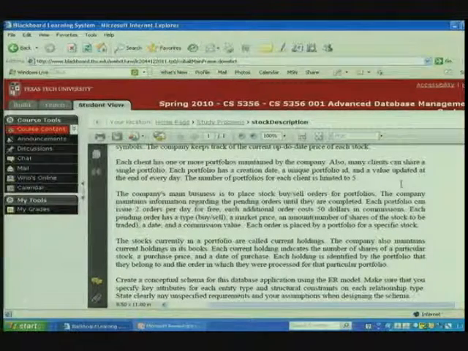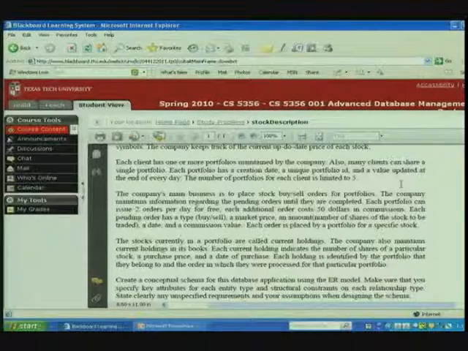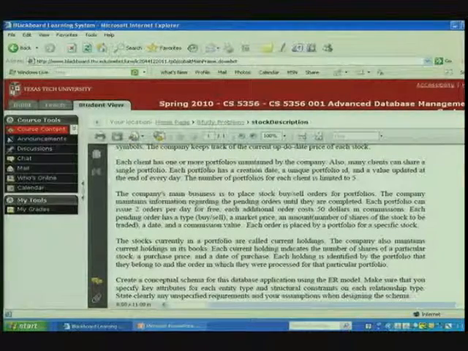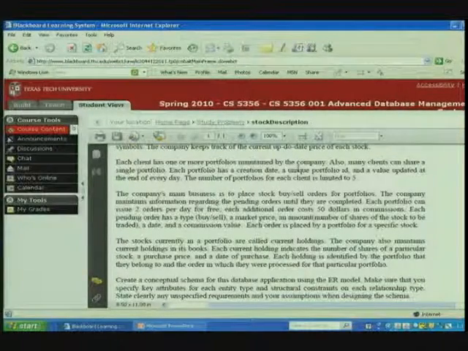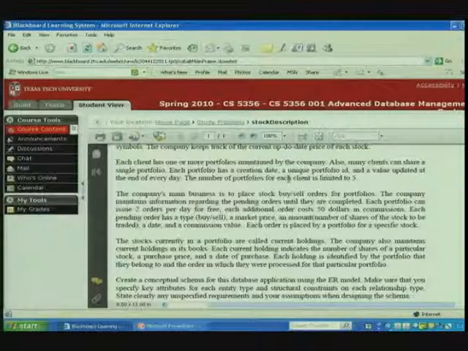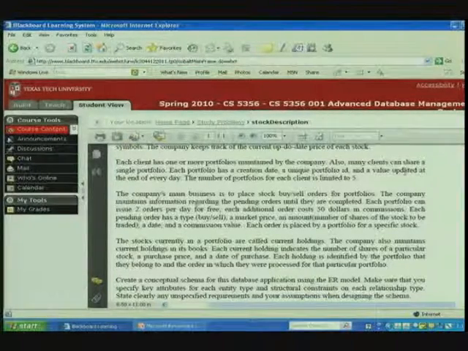And remember, a portfolio just represents your investments and which stocks you've invested in. Also, many clients can share a single portfolio. Each portfolio has a creation date, a unique portfolio ID, and a value updated at the end of every day. The number of portfolios for each client is limited to 5.